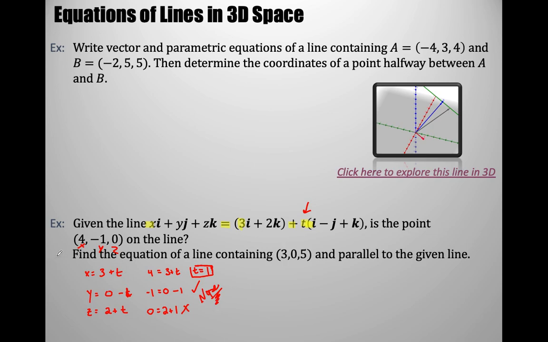What else was I asked to do? Find the equation of a line containing another x, y, and z, different x, y, and z, parallel to the line I was given. Well, what does it mean in vector form to be parallel? What did we talk about before in 2D? It's not going to change.